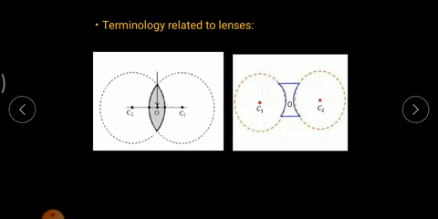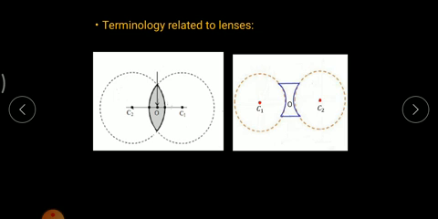Since I'm getting a sphere, it is obvious that I will have a center of curvature. For this refracting surface, I have a center of curvature which I'm naming C2, whereas for this refracting surface, I have another center of curvature which I'm naming C1.